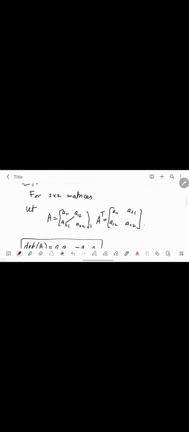So this is the determinant of A. Now we take the determinant of A transpose. It will be obtained by multiplying these two things first, A11, A22, minus multiplying these two things, A12, A21.